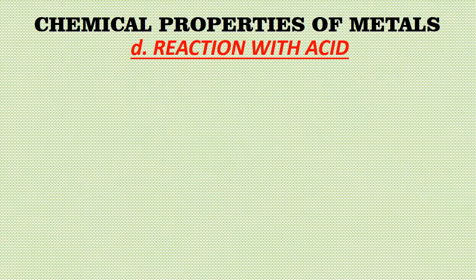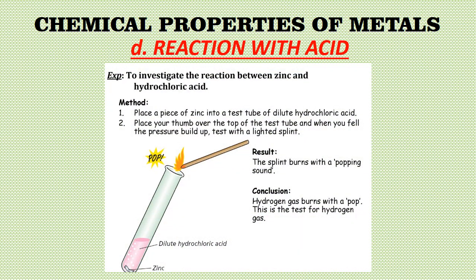Number 4, we have reaction with acid. Here we have to do one experiment. Take dilute hydrochloric acid in a test tube. Then add zinc dust to it. Take a glowing splinter near the mouth of the tube. Observe the glowing splinter. You will notice some sound coming out from it. It is a pop sound. So you all can see I've put a picture also so that you all understand it better.